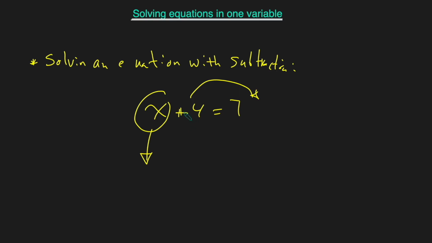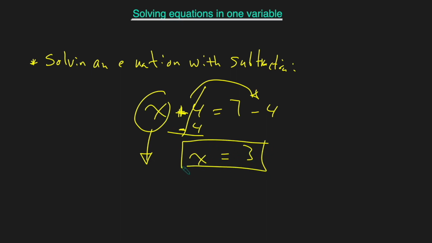Since I have a positive 4, I need to do the opposite of positive 4, which is negative 4. So if I'm adding a negative 4 to this side, I have to do the same thing to this side. Now plus 4 minus 4 is 0, that vanishes, and 7 minus 4 is 3, and my x comes here, and my solution is x equals 3.